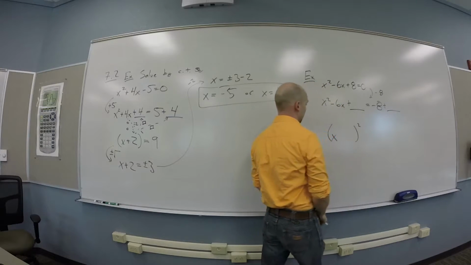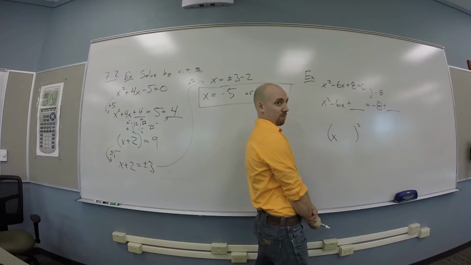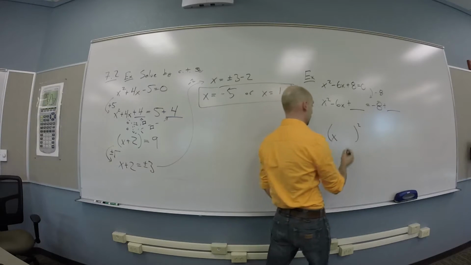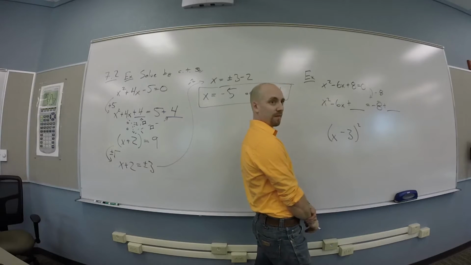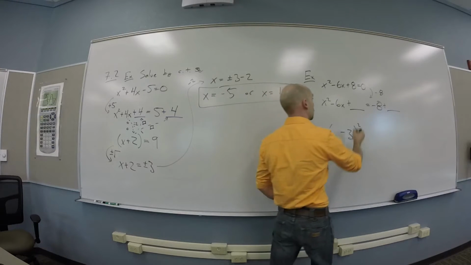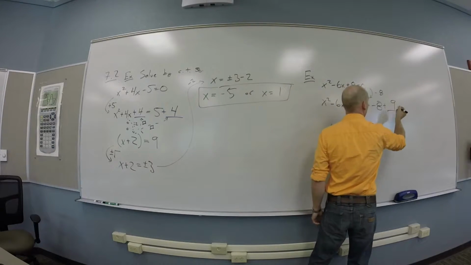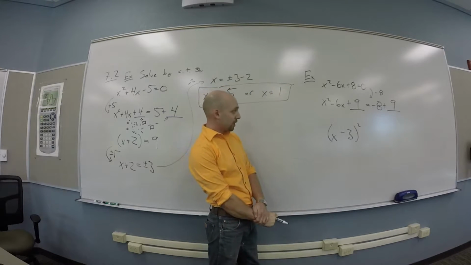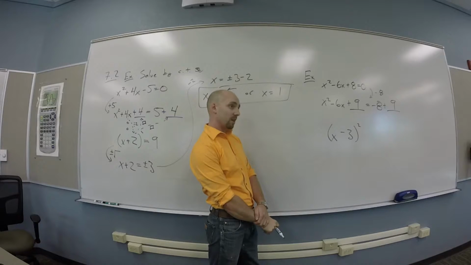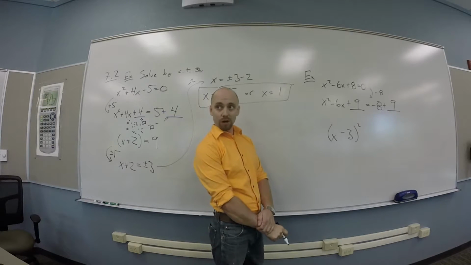This is going to be x minus 3. What do I fill in the blanks with? Plus 9 and plus 9. So then x minus 3 squared is what? 1.